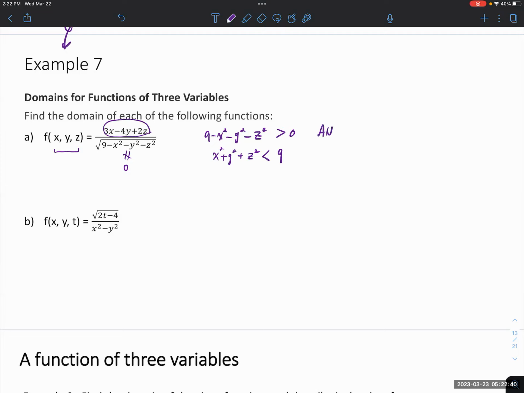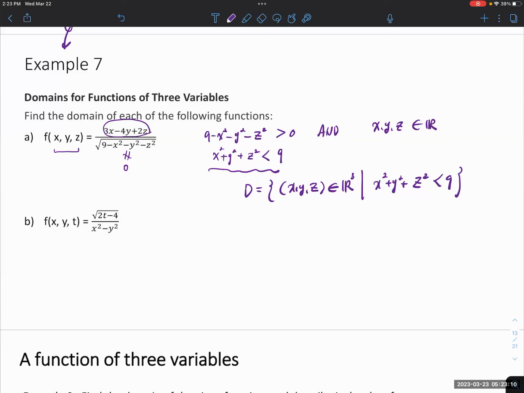So what is the intersection between them? The domain will be any x, y, z real numbers, but such that x squared plus y squared plus z squared is less than 9. That's the domain.